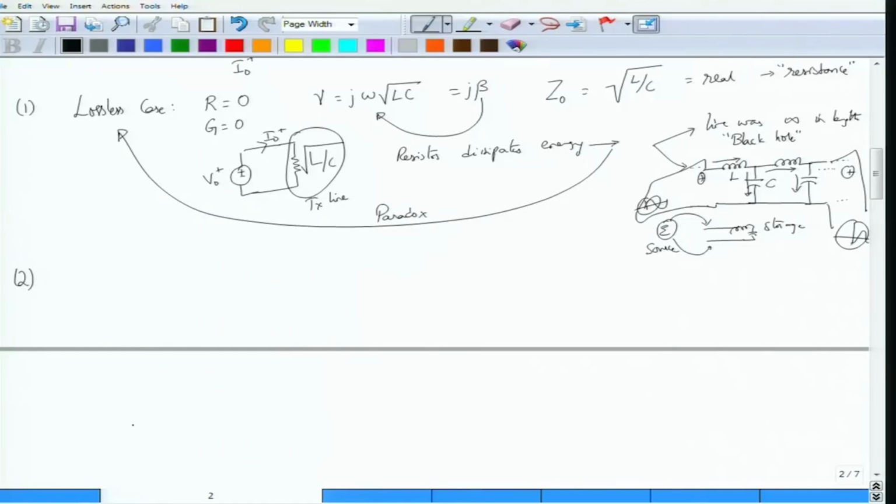Here, the operating frequency omega is so large that omega L is much larger than R, and similarly omega C is much larger than G. In this case, gamma will be approximately j omega square root of LC and Z0 will be approximately square root of L by C. This high frequency case is almost similar to the lossless case: there is only propagation, no attenuation, the characteristic impedance is real, and the same continues for a high frequency line.